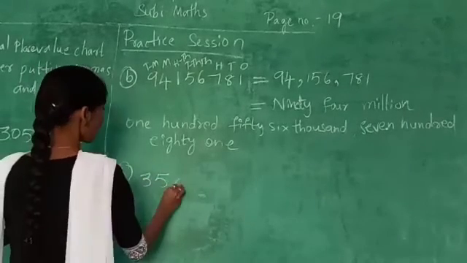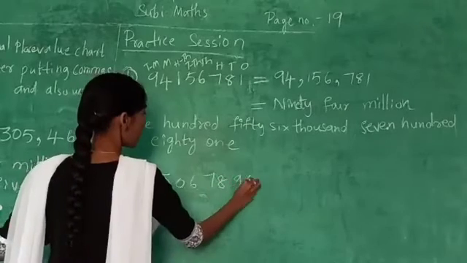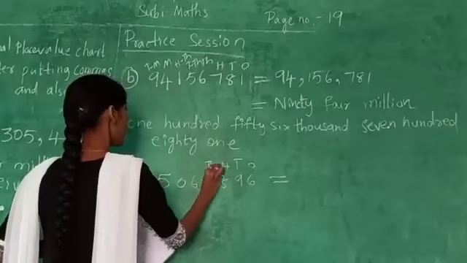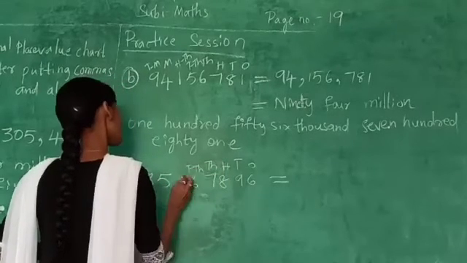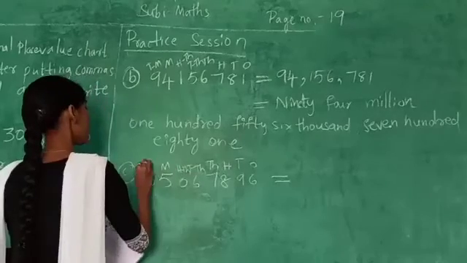First we have to mark the place values, then only you can identify the number and number name. Ones, tens, hundreds, thousands, ten thousands, hundred thousands, millions, ten millions.